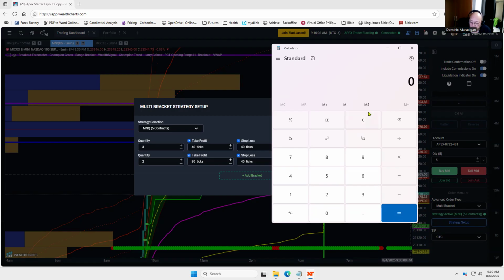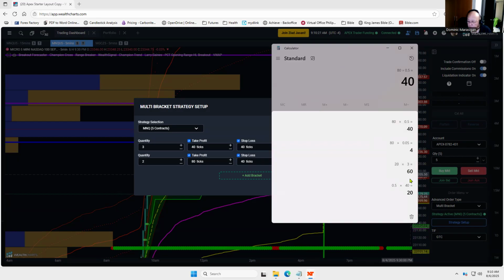So what's your total profit here with the two targets? 20 times 3 is 60, so $100. You profit $100 in your first trade if you hit it all without moving either the stop loss or the profit target.